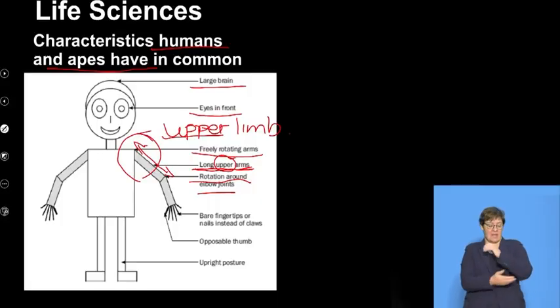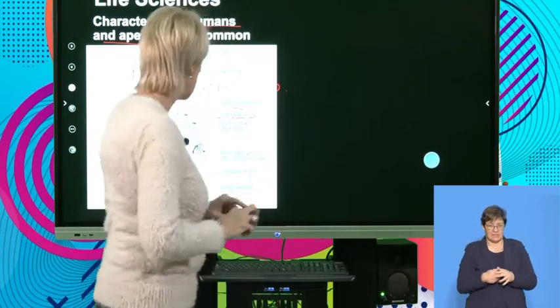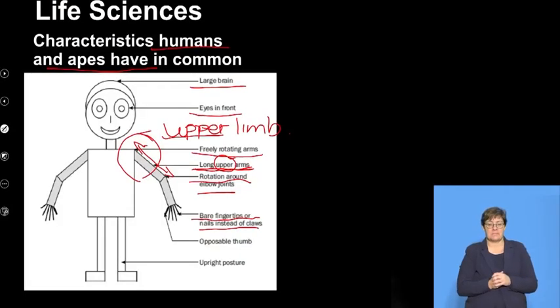So we have rotation around the elbows. We also have bare fingertips and nails instead of claws. So we don't have any hair or padding or anything like that on our fingertips. We have nails and we don't have claws. That's something that is in common.